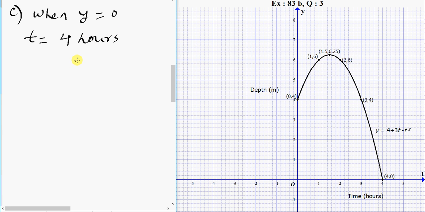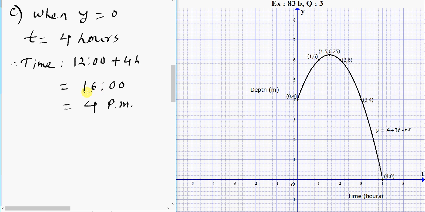Therefore, time will be 12:00 plus 4 hours. That is 16 hours or 4 p.m. Anyone, you can write 16 hours or 4 p.m.